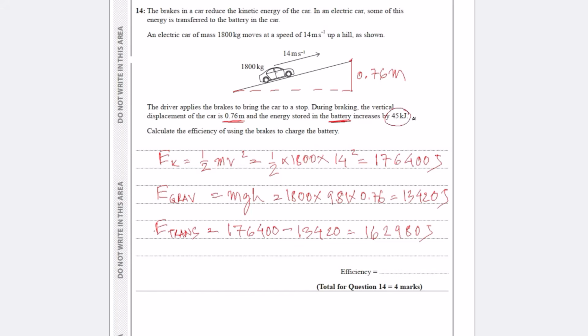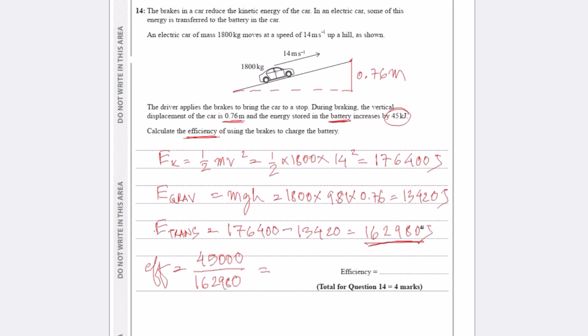Right, so the energy transferred is not entirely transferred to the battery. Only 45 kilojoule is transferred to the battery. And the question asks you about the efficiency. So efficiency is, out of this energy, the battery gets 45 kilojoule or 45,000. So this is the useful output for the battery, that is 45,000 divided by, and how much energy was available? This, 162,980.